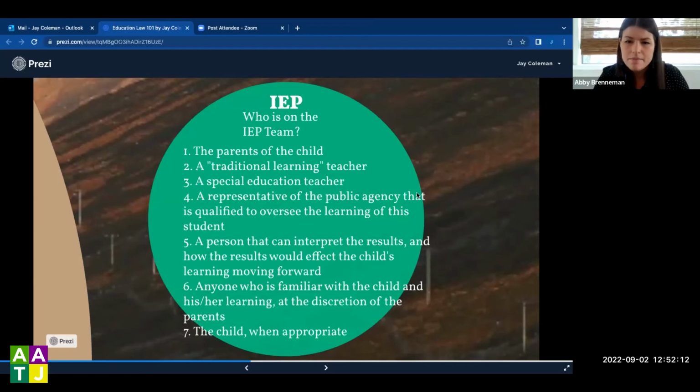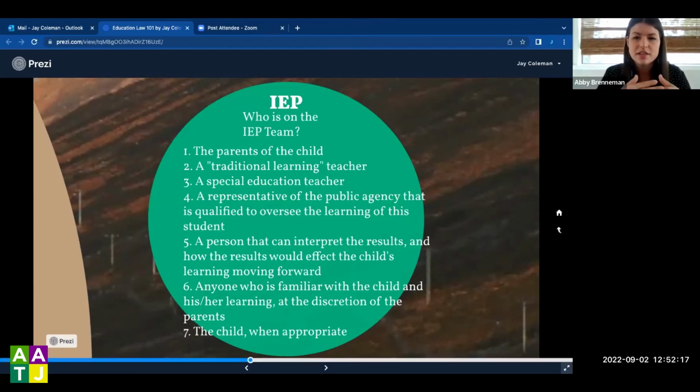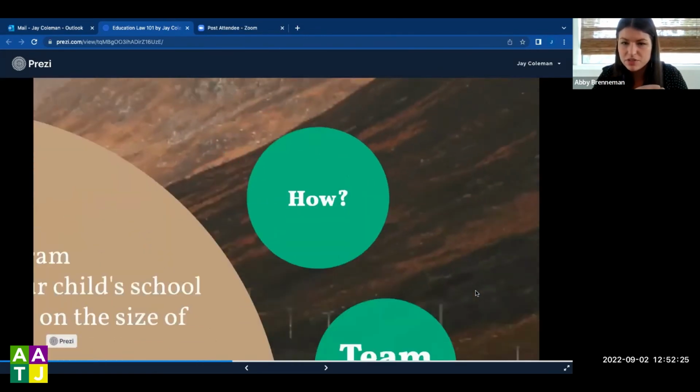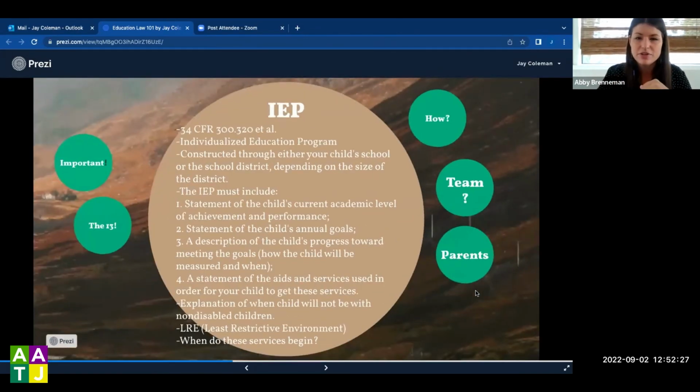Great. Another question that someone had, referring to when you were discussing what happens when a school is refusing to initiate an evaluation for a student.